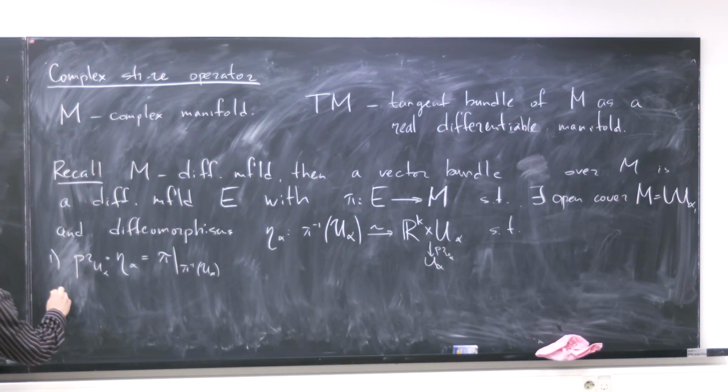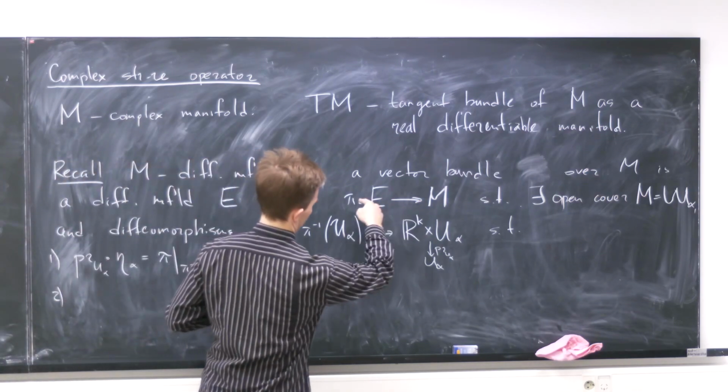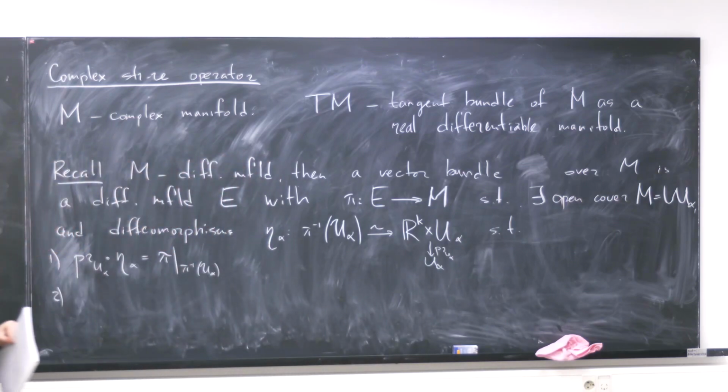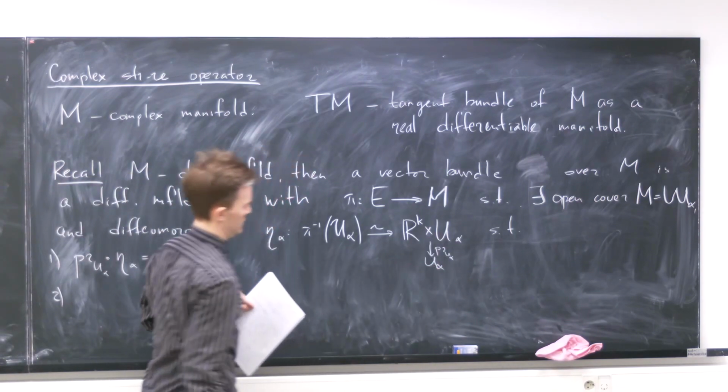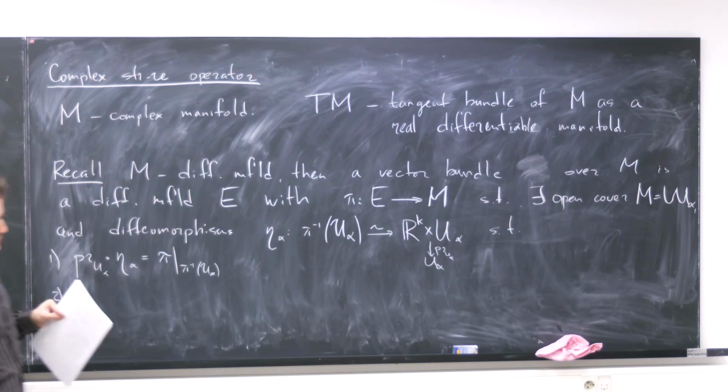And the second condition, okay, so in particular, the fibers of this map pi are all isomorphic to the vector space R^k. And then the second condition is that if we go from one such local trivialization to the other, then the transition functions are linear along the fibers.